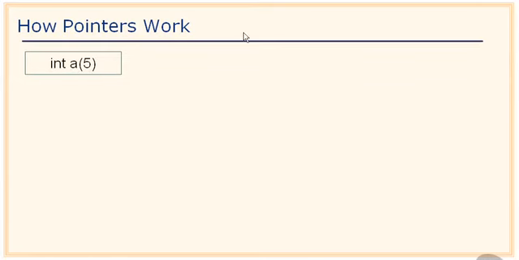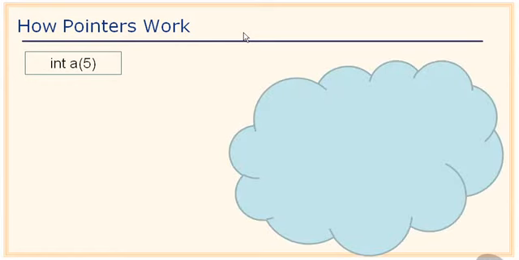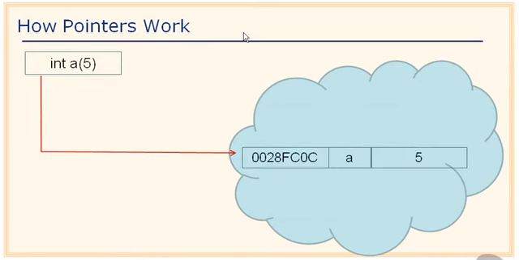Now when I do that in my code, out in the memory on my computer, it is creating a memory location that it gives the title of A to, and it puts the value of 5 there. The memory location for my variable A that is holding the value 5 is this hex value, 0028FC0C.